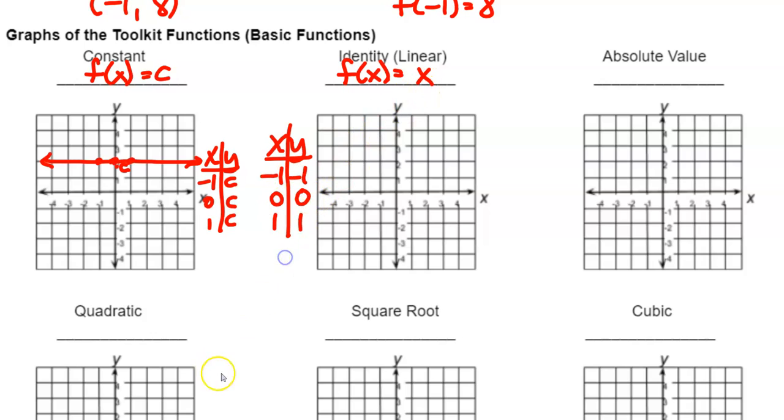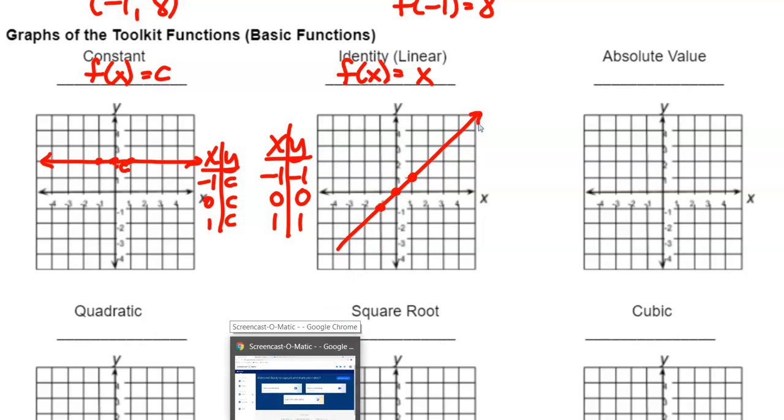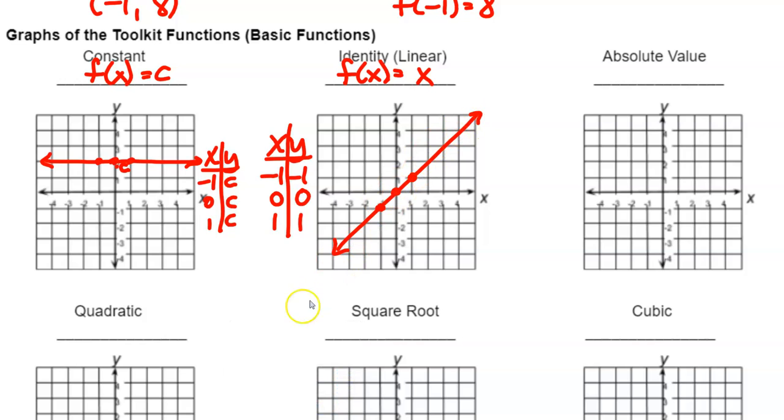So you notice you're getting kicked back the same exact value. So at negative 1, I'm here. 0, 0, we're here. And 1, 1, we are here. Therefore, if I connect that, that ends up giving me a line basically that bisects the first and the third quadrant. So this would represent our linear function, the identity of that.